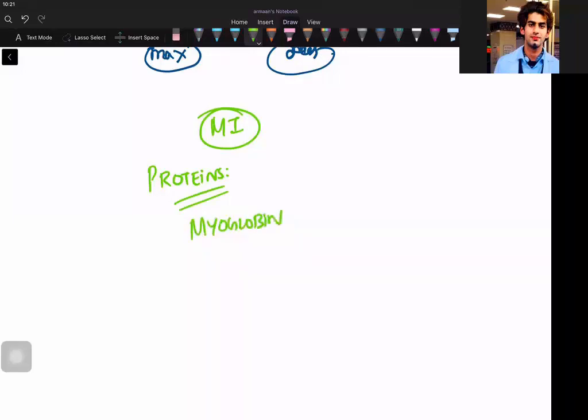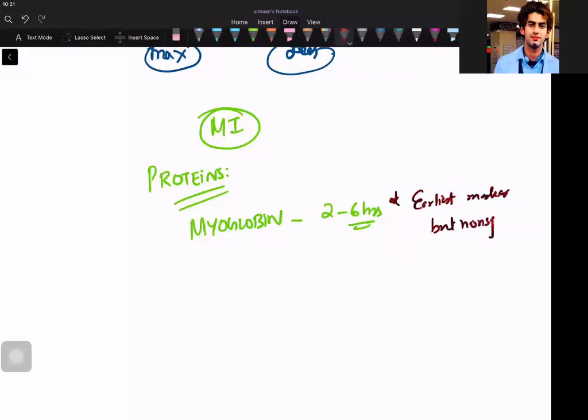Myoglobin is raised for 2 to 6 hours in the blood. Please remember, put a red mark here. It is the earliest marker, but non-specific.